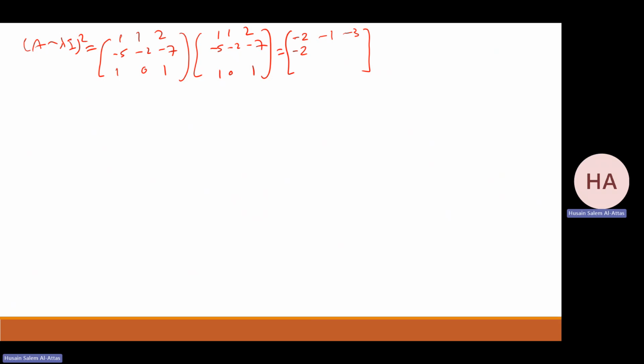Interesting. Second row by second column, we have what? Minus 5 plus 4, which is minus 1. This is minus 5, minus 10, plus 14, minus 7. Yeah, minus 10 plus 14.